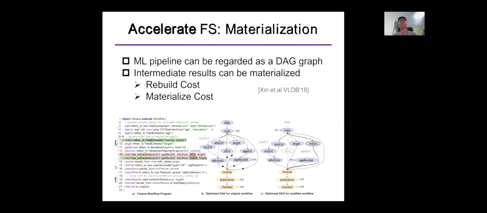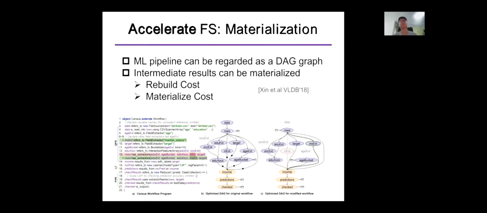We can also see this problem as a machine learning pipeline. Each machine learning pipeline can be regarded as a DAG. It starts from loading the data and conducting feature engineering for each attribute, which includes extracting features, putting the features into buckets, and so on, many operations. In a typical machine learning pipeline, we have to do this in iterations because we have to add features, delete features, and tune the hyperparameters.